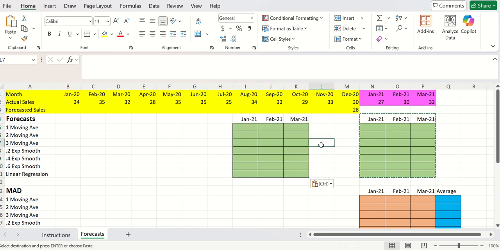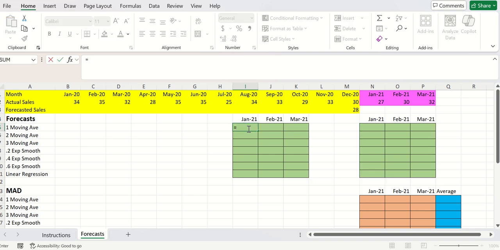A 1 month moving average says if I want to forecast what's going to happen in January, I want to take an average of the previous 1 month, which is really just the actual from the month before. Let me say that again. It's also called a naive forecast.